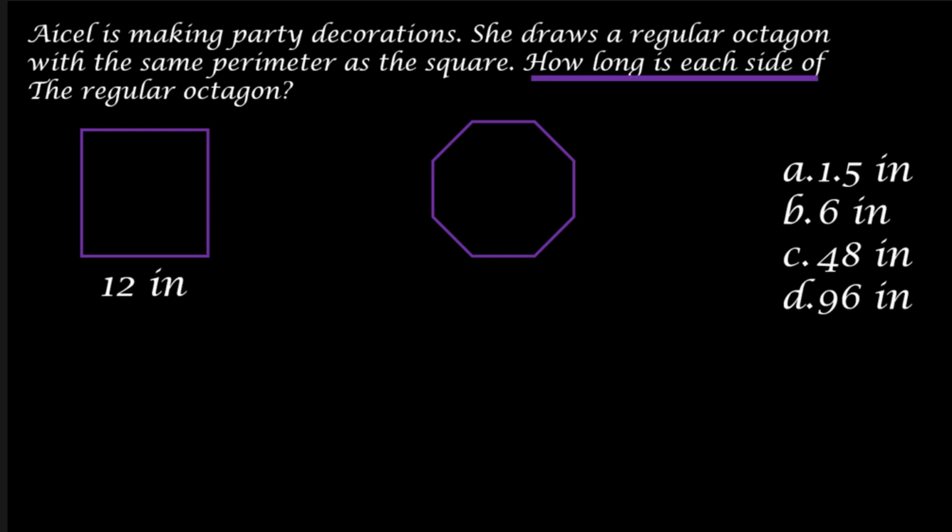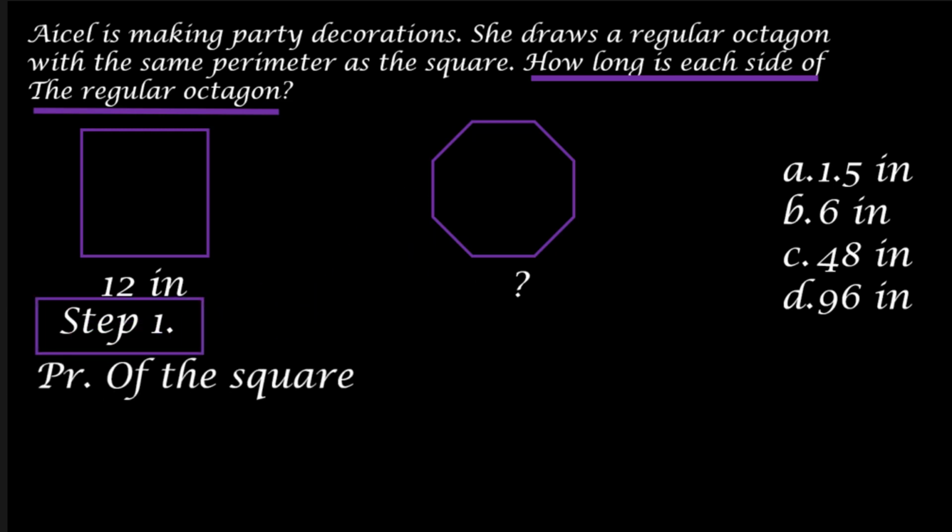How long is each side of the regular octagon? First step, just find the perimeter of the square. It equals what? We studied before, 4 times L. So 4 times 12 will be 48 inch.